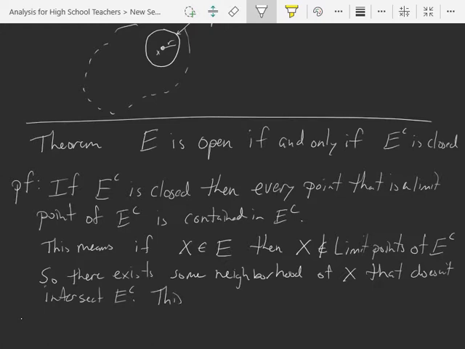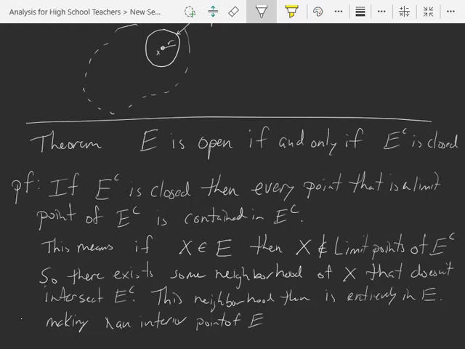This neighborhood then is entirely in E. If it doesn't intersect the complement, it has to live completely in E, making x an interior point of E. Remember, interior points were ones that we could find a little circle around?